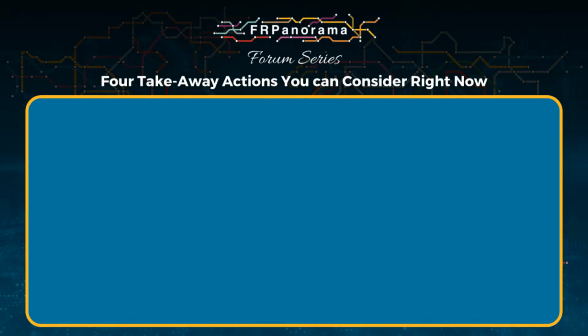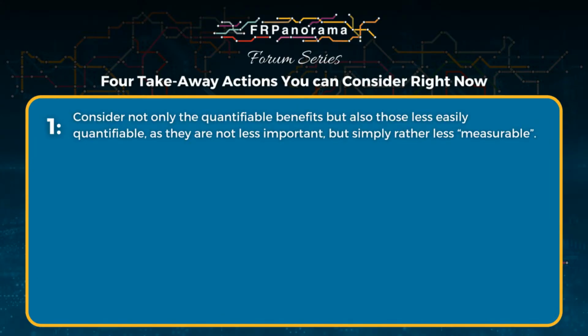So, just to summarize, there are a couple of learnings that we'd like to leave you with today. Firstly, we should consider not only those quantifiable benefits, but also those that are not as easily quantifiable. Let's think about how to optimize the use of the measurable ones, but also go a little bit beyond that.